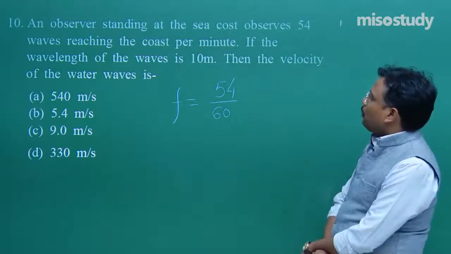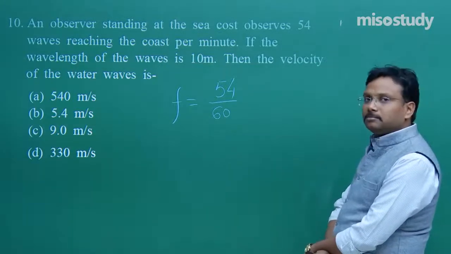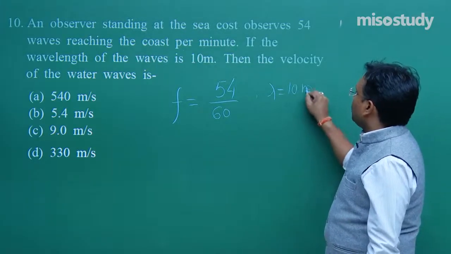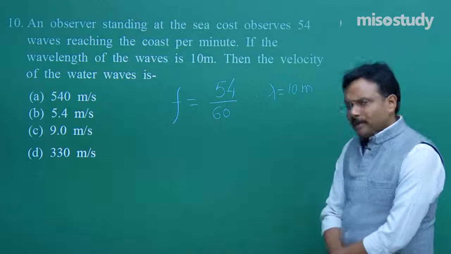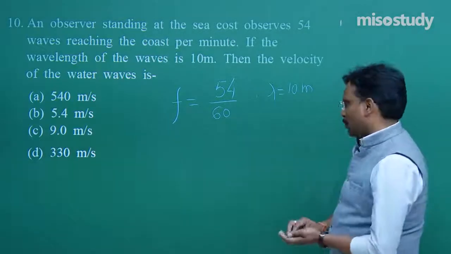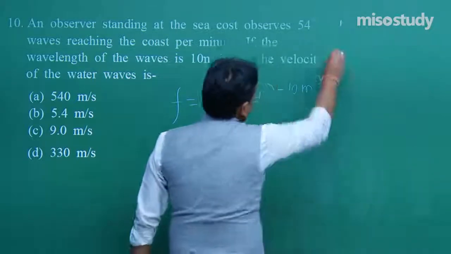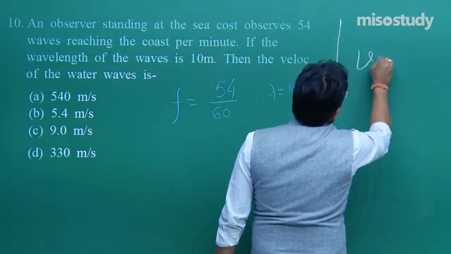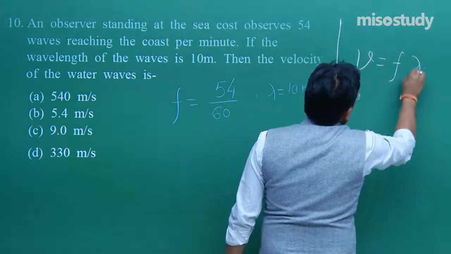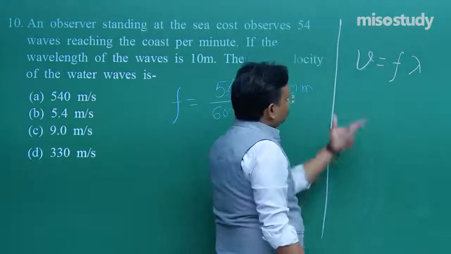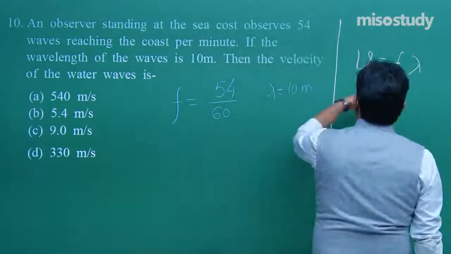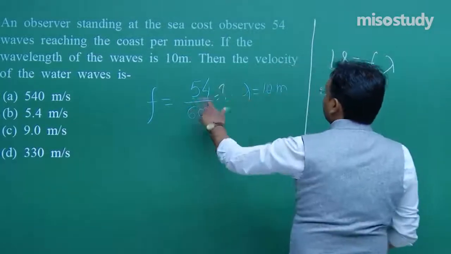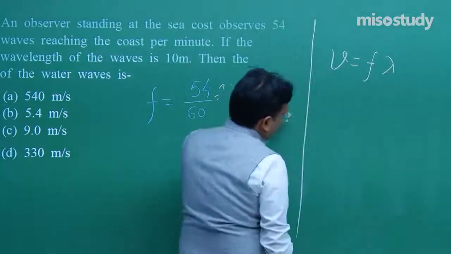If the wavelength of the waves is 10 meter, then what is the velocity of the water waves? The same formula, v is equal to f lambda. You have to find v. f is given, and lambda is 10 meter.